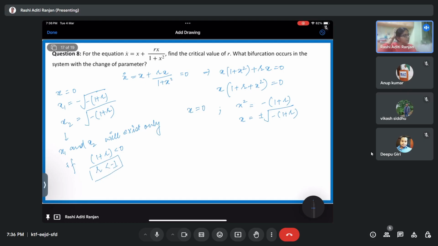Yes, because only if r is less than -1 are we going to have a positive value inside the root, right? And then only x2 and x3 will exist.